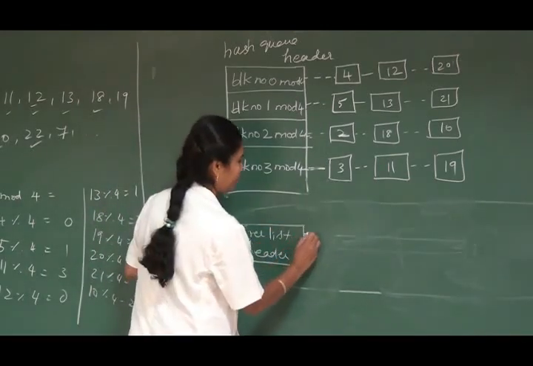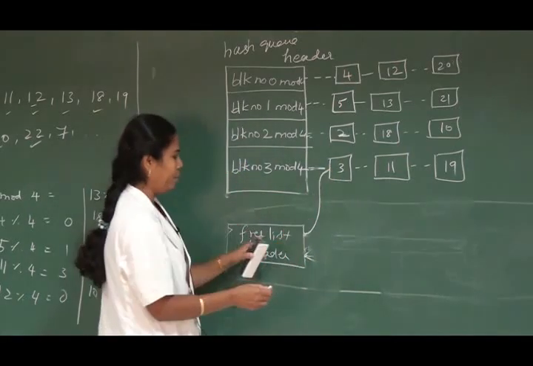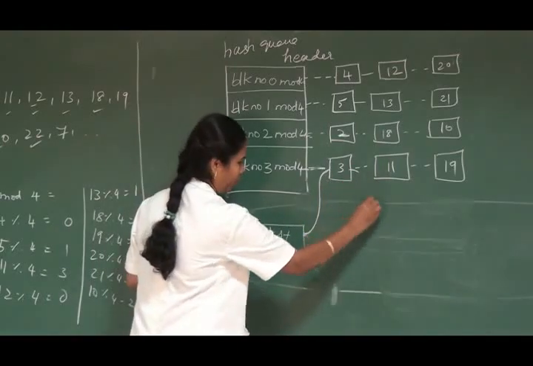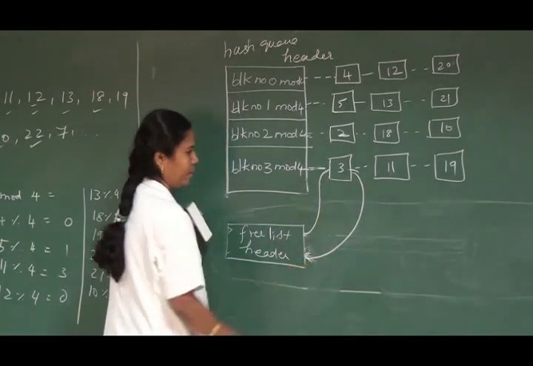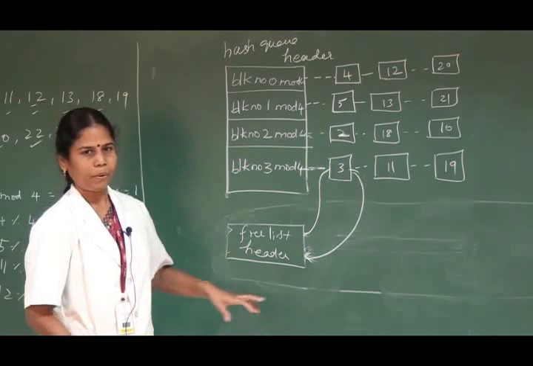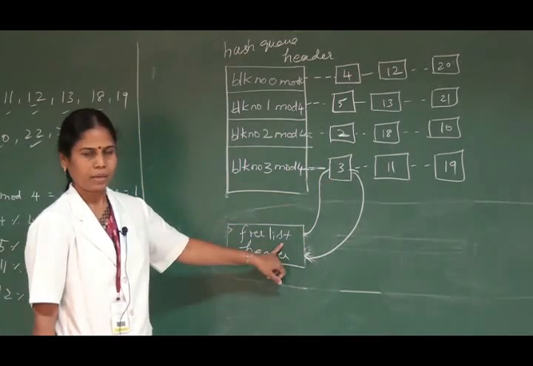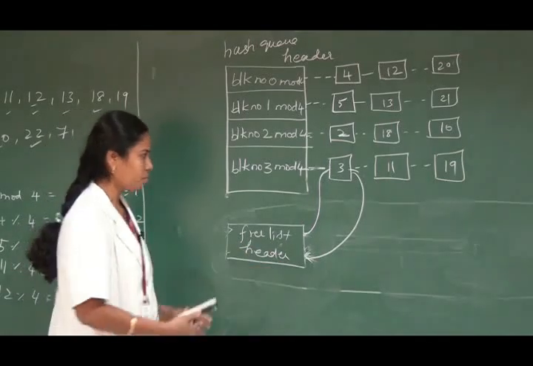So the free list header will be connected to the block number 3 and the pointers will be connected like this. So forward and backward pointers will be set. Now the third buffer block has come to the free list.